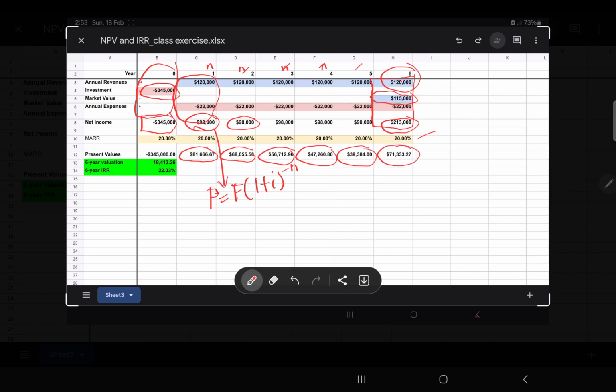To get the net present value, this 6-year valuation here is your NPV, so just add these encircled entries. Your NPV is 19,413, and this is greater than 0. So the project is acceptable.